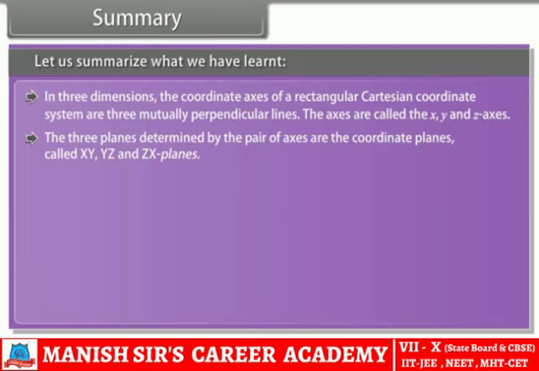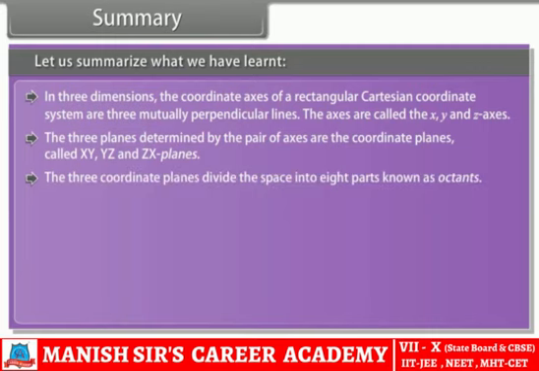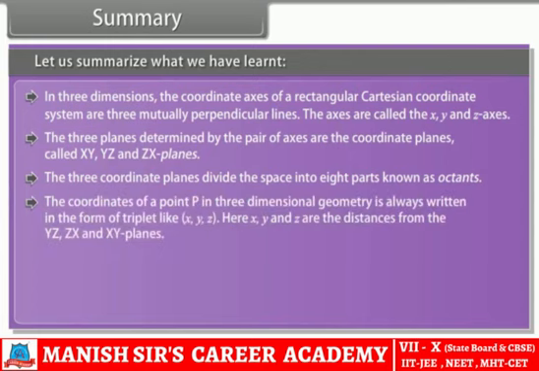The 3 coordinate planes divide the space into 8 parts known as octants. The coordinates of a point P in 3-dimensional geometry is always written in the form of triplet like (x, y, z). Here, x, y and z are the distances from the yz, zx and xy planes.